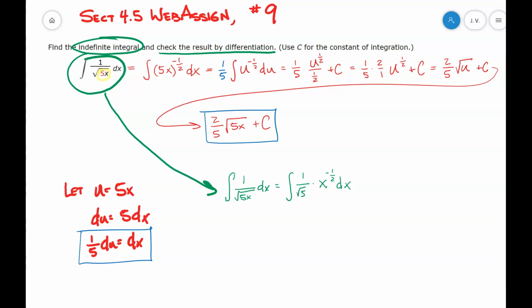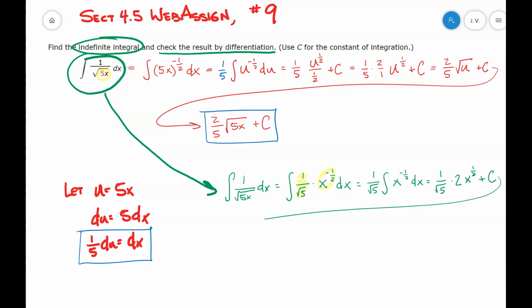And by rewriting it like that, I hope you see that we can use straight power rule on this, and this is a constant multiplier which we can pull out front. So we have 1 over root 5 times the antiderivative of x to the negative 1/2 dx, which equals 1 over root 5 times 2x to the 1/2 power plus our constant.